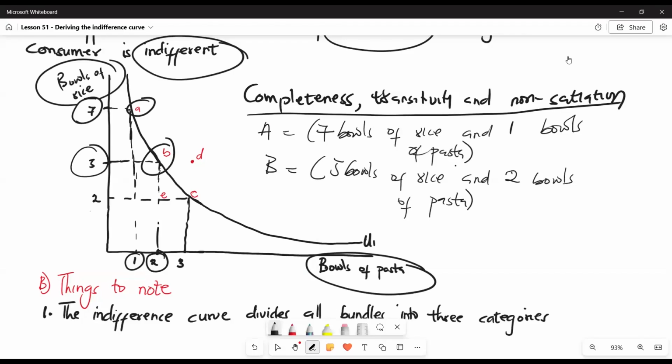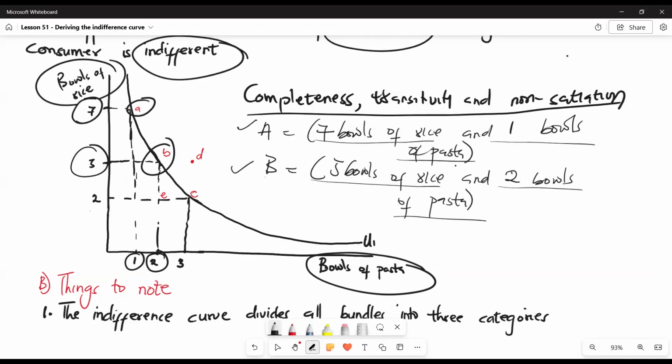Then we can say by definition that Ella is indifferent between having bundle A and bundle B. So even though bundle A has 7 bowls of rice and 1 bowl of pasta, and bundle B has 5 bowls of rice and 2 bowls of pasta, this combination gives Ella the same level of satisfaction.